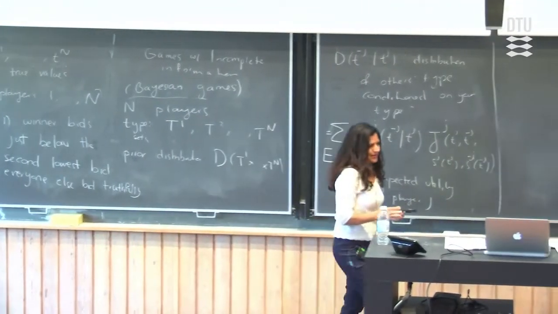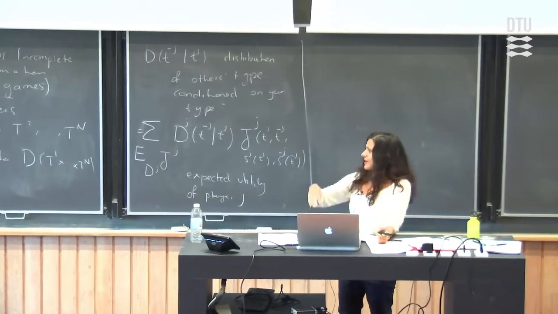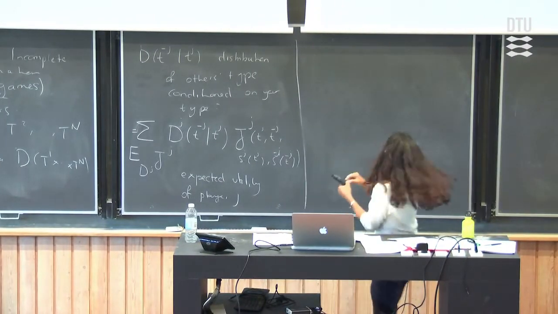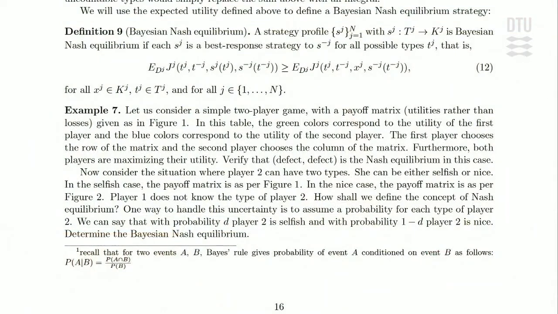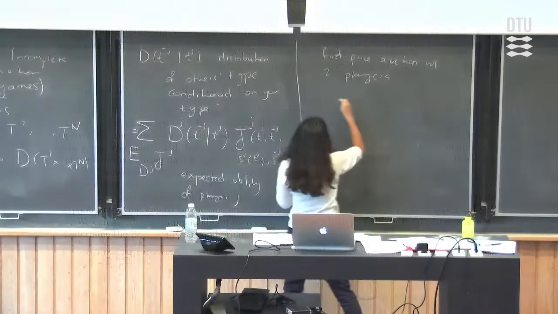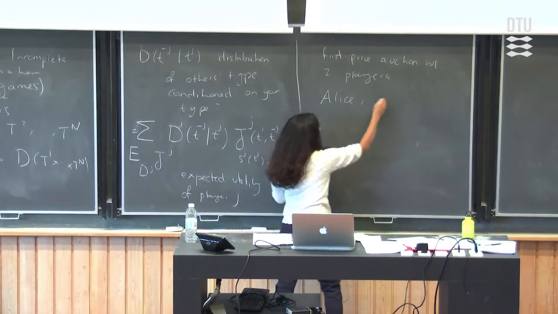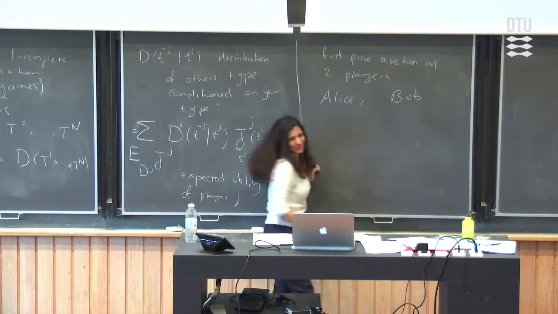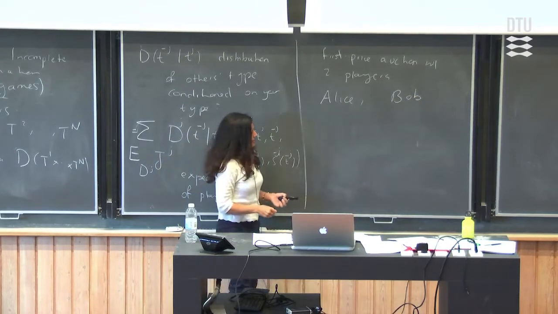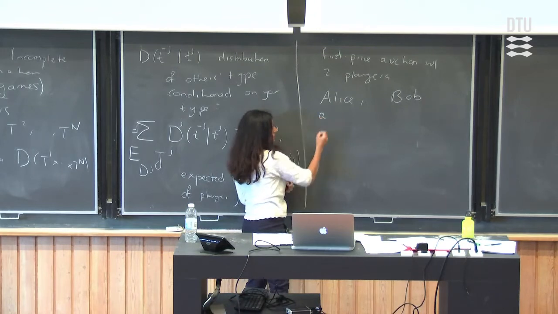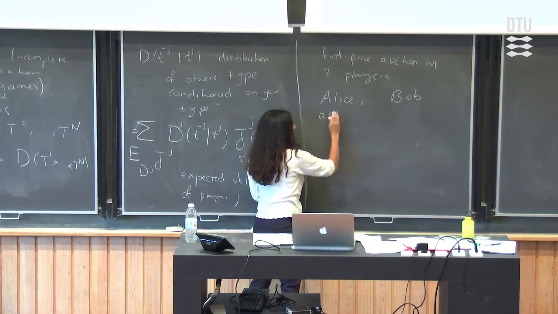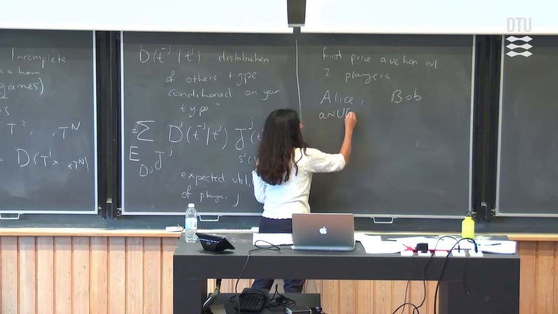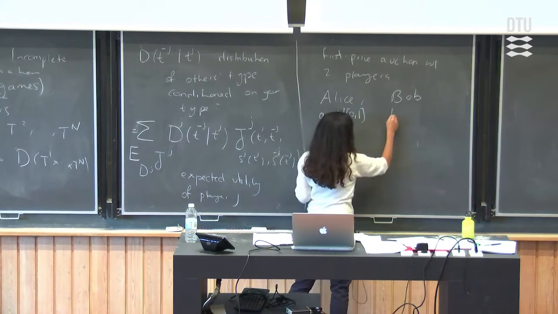Let's look at an example, a first price auction with 2 players, Alice and Bob. We assume that their true values, so their types, are uniformly distributed and independent on some interval.